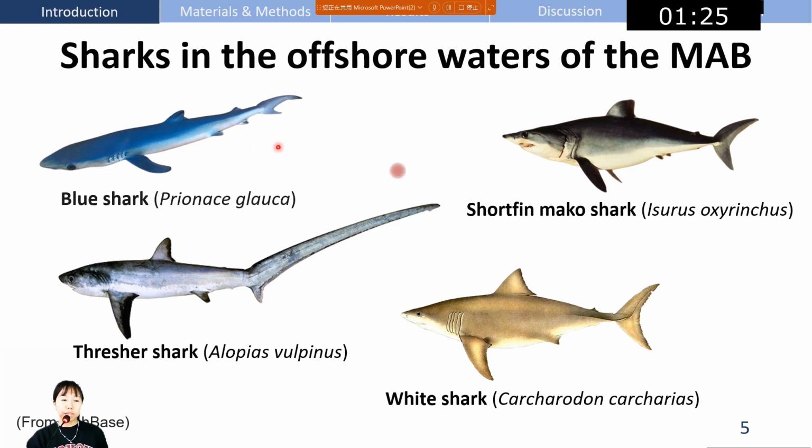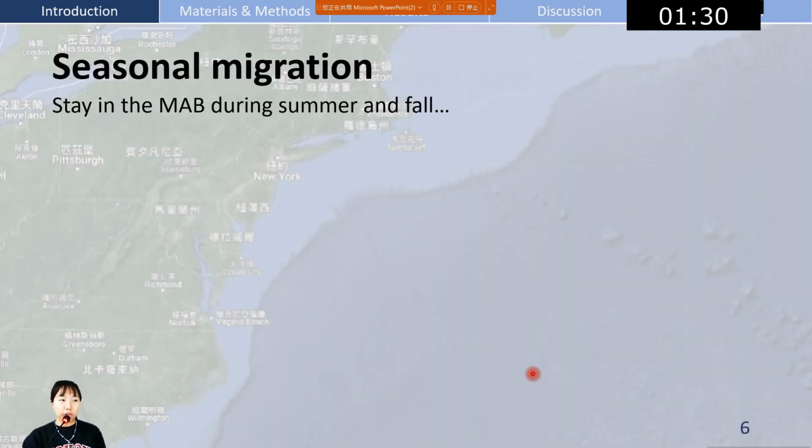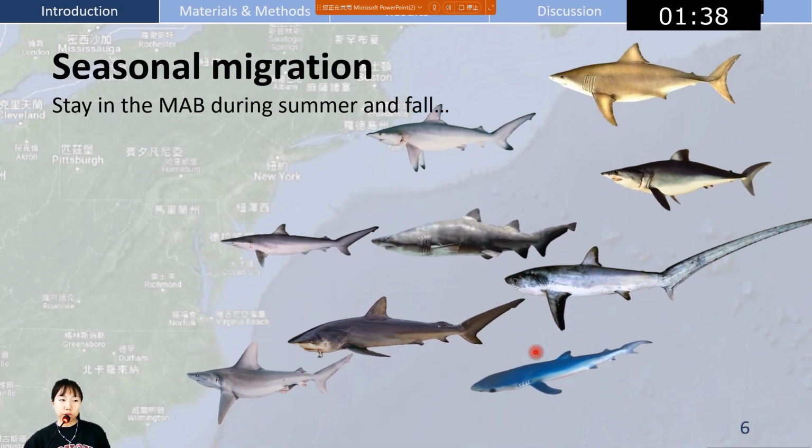These species are more pelagic. Regarding seasonal migration, these 9 shark species will migrate into the MAB and they will stay here during summer and fall.